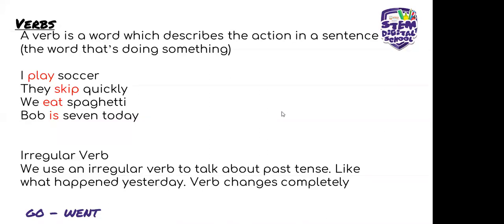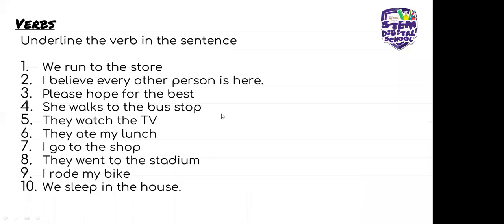My example here is go and went. We're not going to do this again. Any questions regarding verbs? Anything you're struggling with regarding verbs?